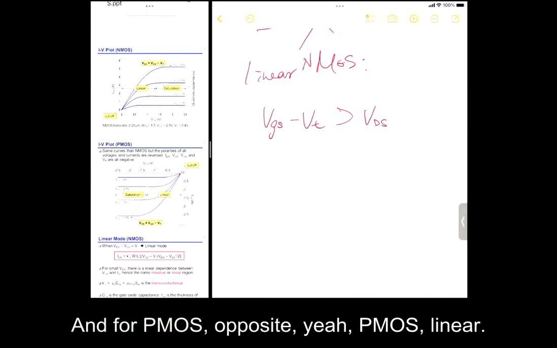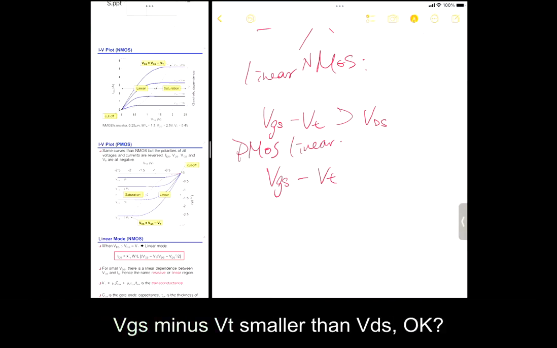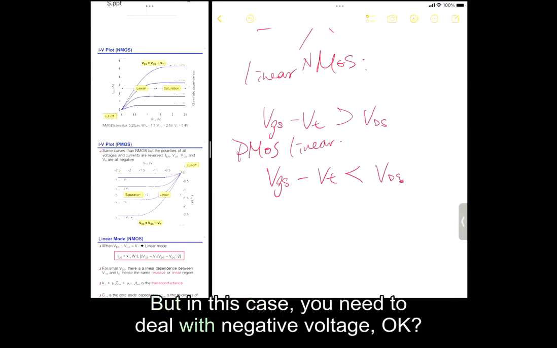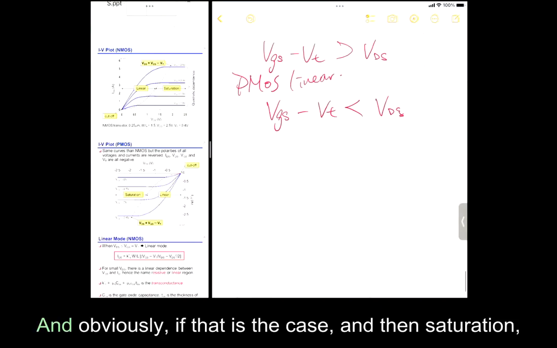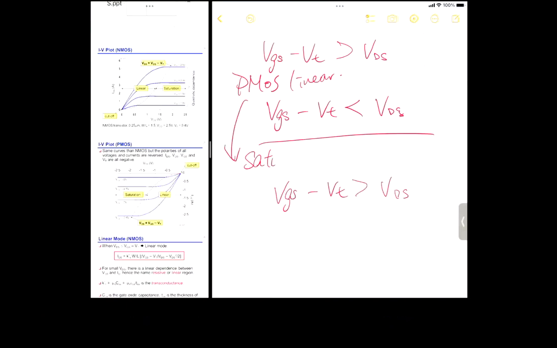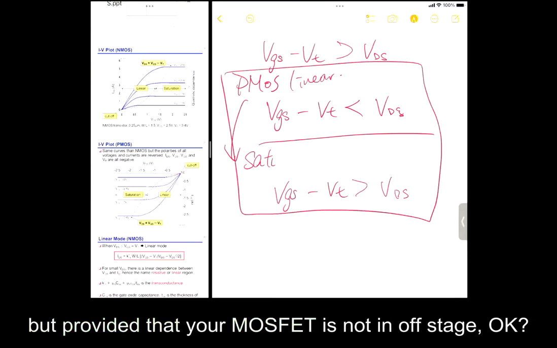And for PMOS, opposite. PMOS, linear: VGS minus VT smaller than VDS. But in this case, you need to deal with negative voltage. And obviously, if that is not the case, then saturation, VGS minus VT is... Oh, yeah, that's smart. Yep. But provided that your MOSFET is not in the off state.